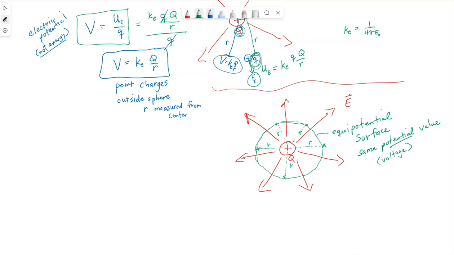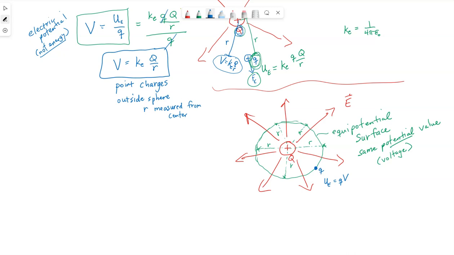And ultimately that tells us that any charge placed anywhere on this surface, any Q placed on this surface will have potential energy because of where it is. The electric potential, this voltage, is a descriptor of where in the electric field we're talking about.